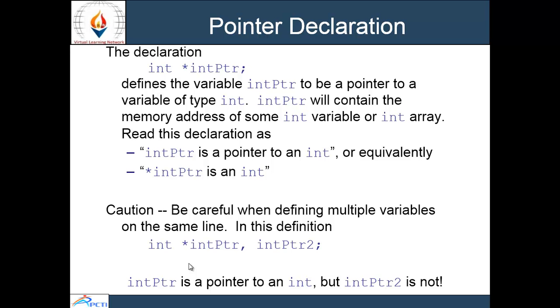Here is another example of declaration: int *int_ptr. Here int_ptr is the name of the pointer and int is the type of variable which the pointer will point to. So int_ptr will contain the memory address of another integer variable or integer array.